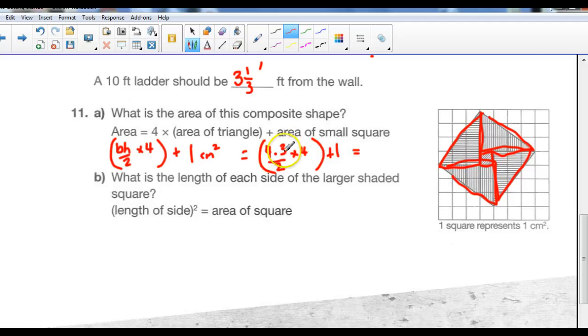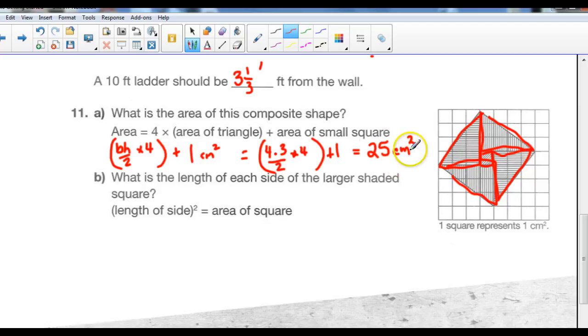Now 4 times 3 is 12. 12 divided by 2 is 6. So this 4 times 3 divided by 2 is 6. I multiply that by 4. Times 4. So 6 times 4 is 24. Plus 1 is 25. So this is 25 centimeters squared.